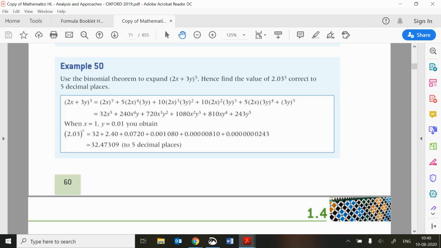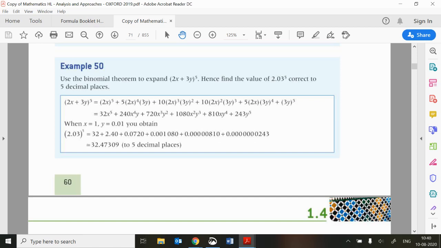But as soon as you're putting in 0.01 to the power of 5, you're getting an extremely small number at the end there. And in fact, a number which is irrelevant in terms of the question, because we only need to get this thing to 5 decimal places. So the last term is actually not important at all. Right, and obviously you're going to add all those things together and you can use your calculator to do this.